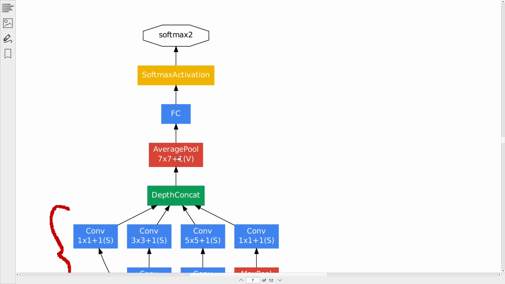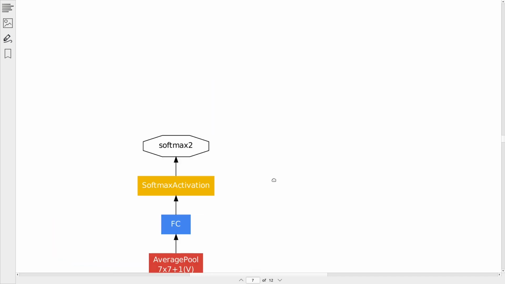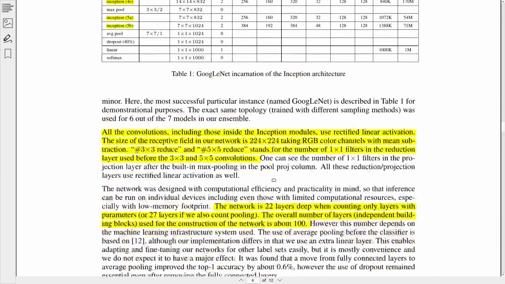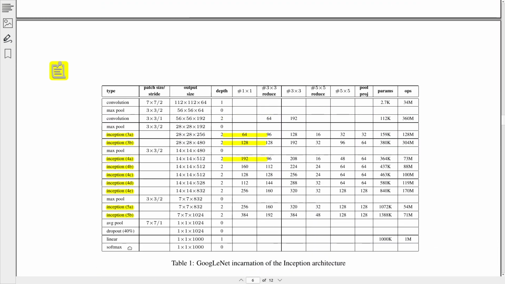So I'm talking about this one here, average pool. And if I go back to the diagram here, we will see that this layer spatially averages the feature map, converting 7 by 7 into 1024 input to 1 by 1 into 1024.